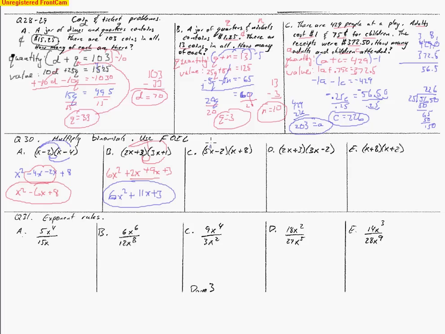Next one, 5x and x make a 5x squared. Outside terms are a 40x. Inside make a negative 2x, and the last terms make negative 16. Go ahead and collect some like terms. Outside and the inside collect together, you get 5x squared plus 38x minus 16.